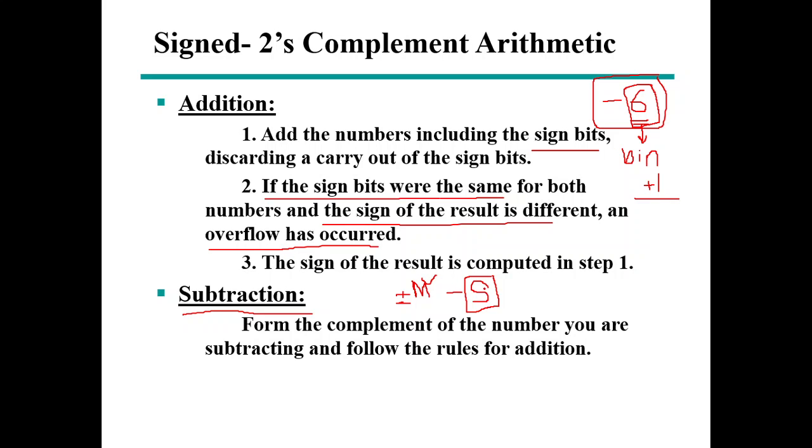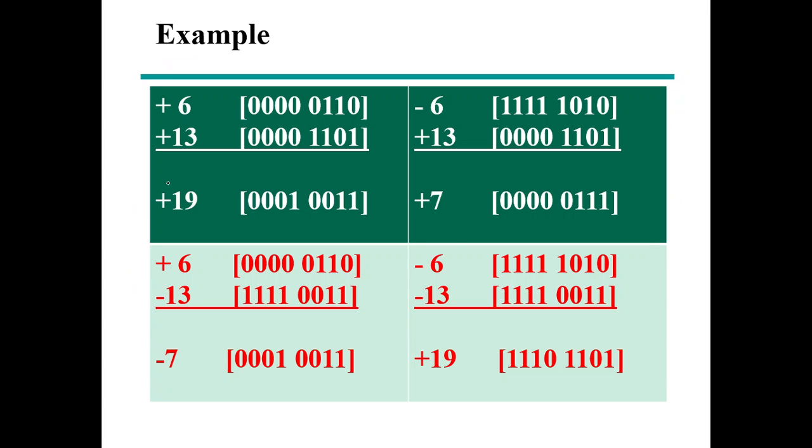If it is a positive number, we also get its 2's complement and add it with the minuend. In either case, whether the subtrahend is positive or negative, we need to take its 2's complement, add it with the minuend, and then follow the rules mentioned above. Now let's look at a couple of examples.